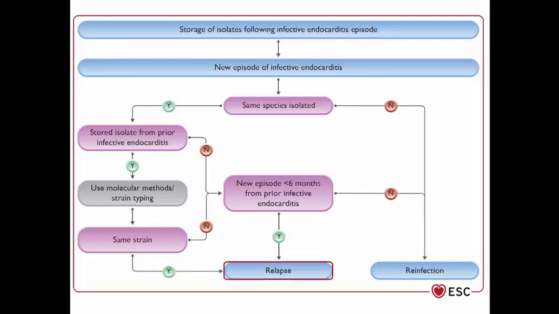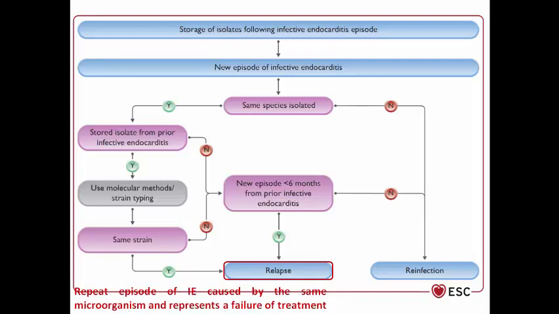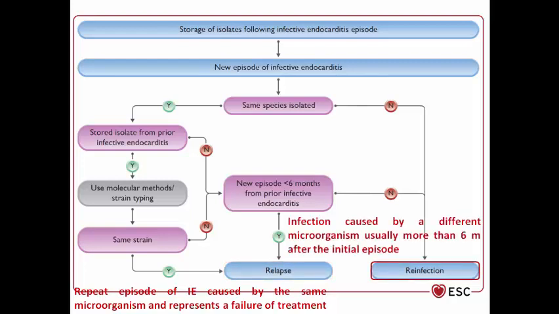This diagram focuses on the issue of recurrence. Either it is a relapse, which is a repeat episode of infective endocarditis caused by the same microorganism and represents a failure of treatment, or reinfection, which is caused by a different microorganism, usually more than 6 months after the initial episode.